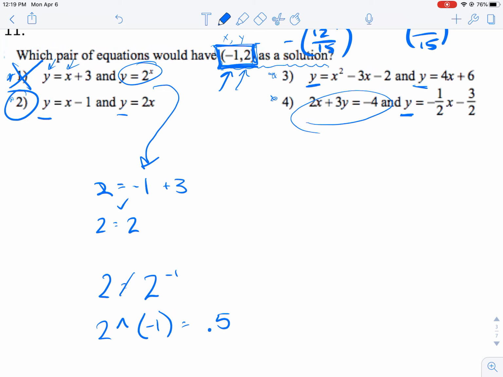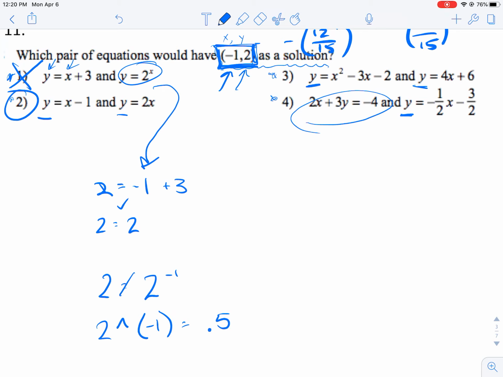Let's take a look at this one right here, number 2. Everybody goes to their y equals, and for your first equation, it's going to be x minus 1. For your second equation, it's just 2x. My bad, wrong problem. So it's just going to be y equals x minus 1, y equals 2x.